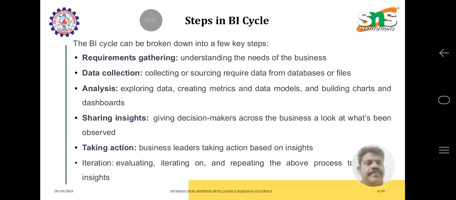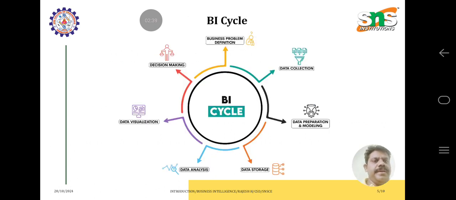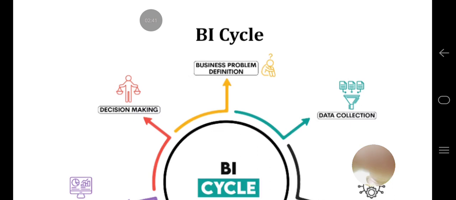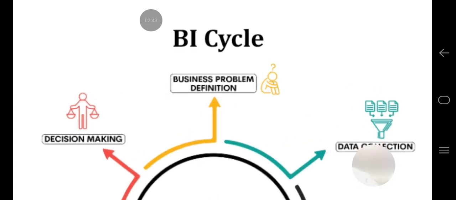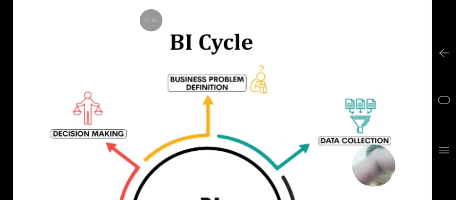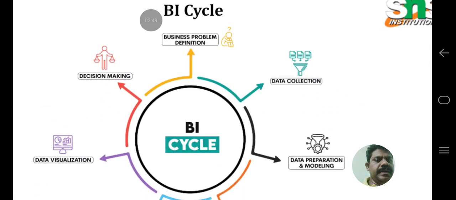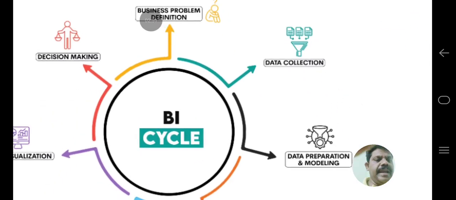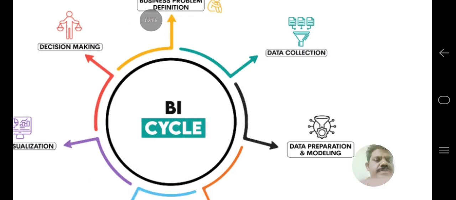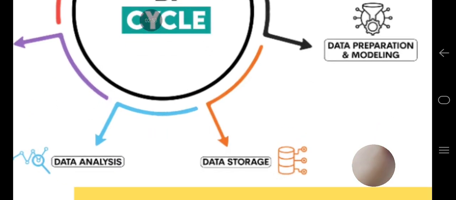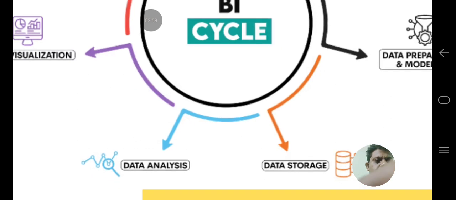So the BI cycle, as clearly explained, begins with the business problem definition at the initial stage. Then data collection is practiced, and finally the data is prepared and cleaned, and data modeling strategies or algorithms can be used. Finally, the data storage will be kept.